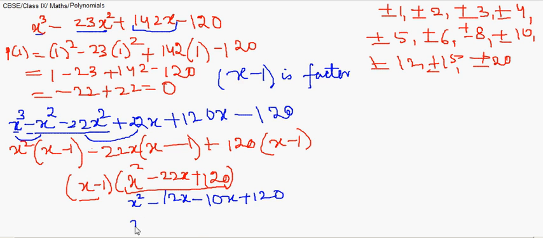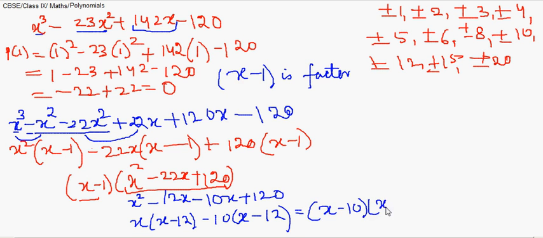So it is x minus 12, x minus 10, x minus 12. So this is x minus 10, x minus 12, and previously we had x minus 1 as a factor. So the given polynomial has three factors, that is x minus 10, x minus 12 and x minus 1.